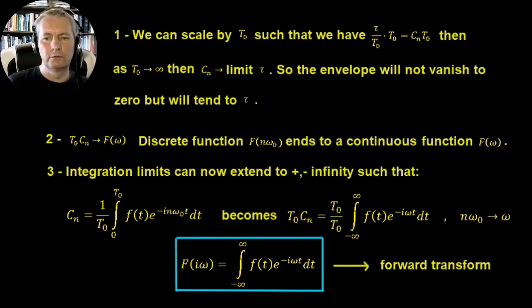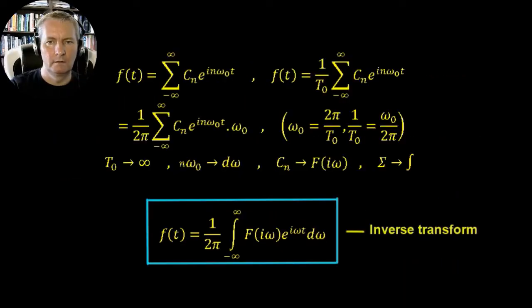So we'll do the same for the inverse transform. So now let's look at the inverse transform. We know that we can go from the frequency domain back to the time domain via this function here, which is a summation.